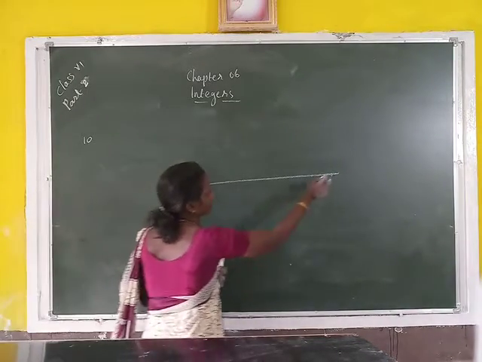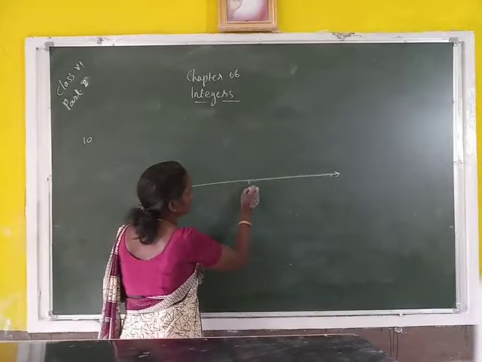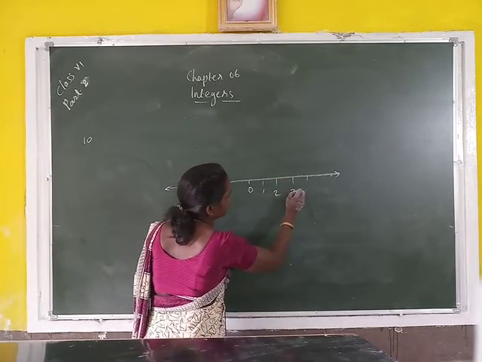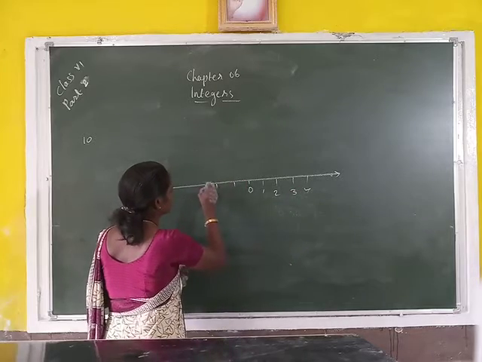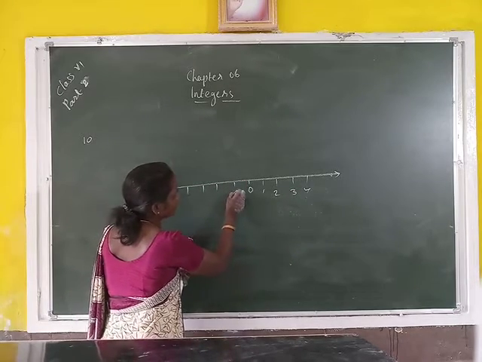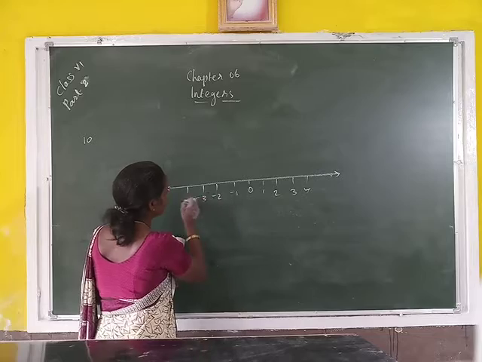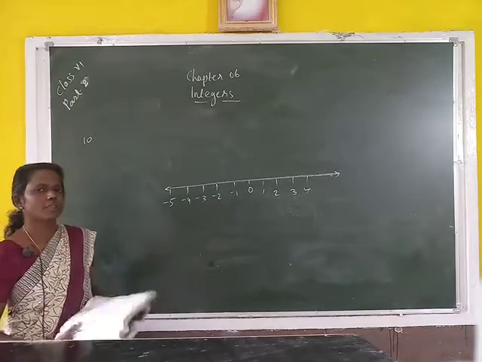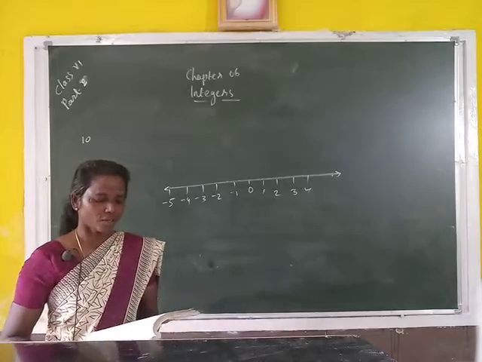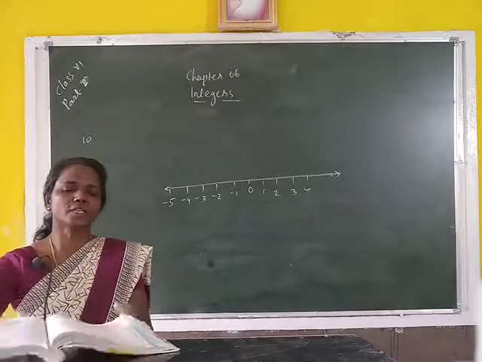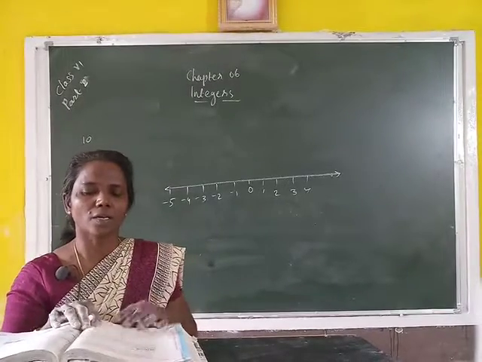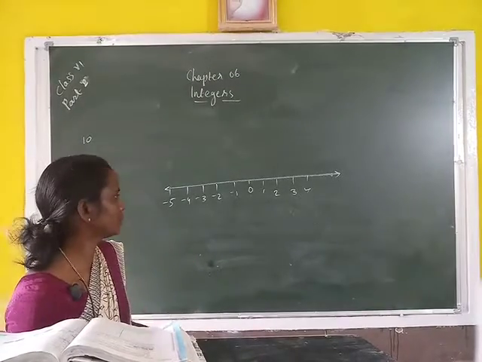Take 0, 1, 2, 3, 4, negative 1, negative 2, negative 3, negative 4, negative 5. Then read the question. Which number will we reach if we move 4 numbers to the right of negative 20?